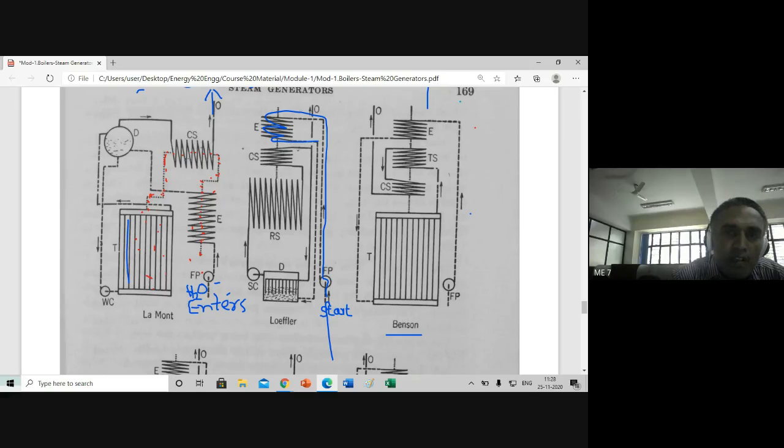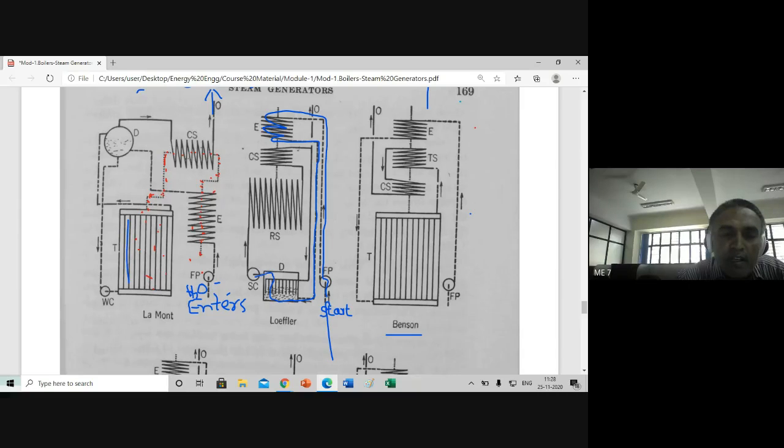From the economizer, it is converted into hot water. That hot water enters into the steam collector, this drum, and from this drum, this becomes partly steam.